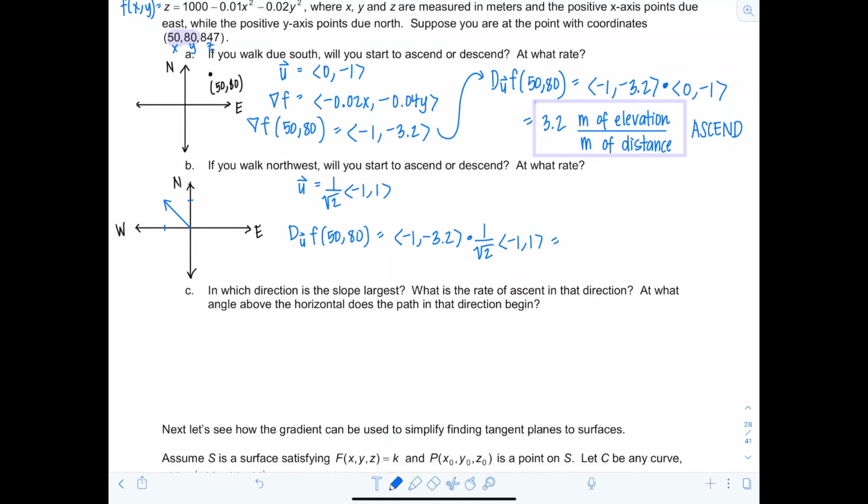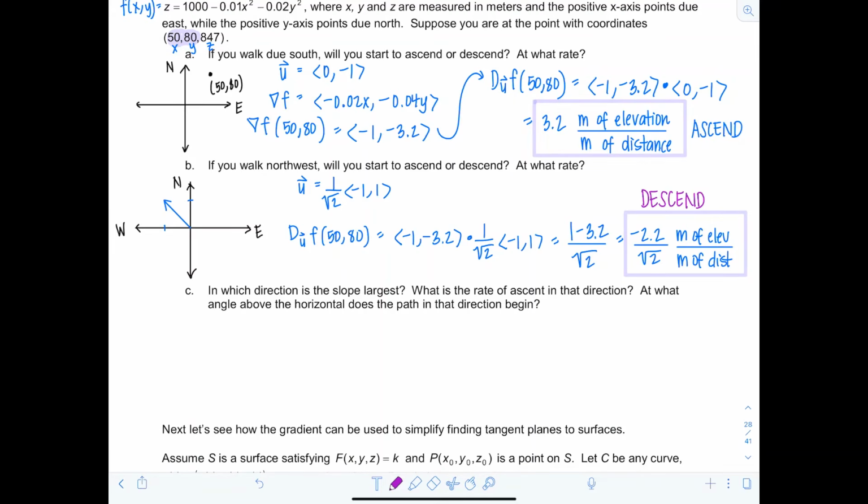So this is going to give me 1 minus 3.2 divided by the square root of 2, which is -2.2 divided by root 2. And remember, that's meters of elevation per meter of distance. So what would you say about this rate of change? Are you ascending or descending? Well, notice it's negative, which means we are descending. You're going downhill.